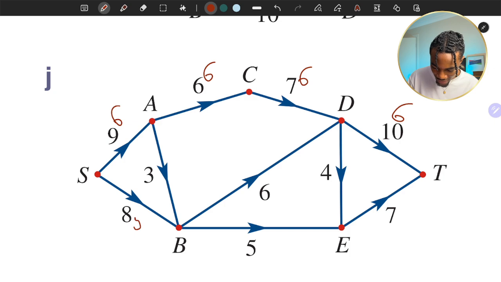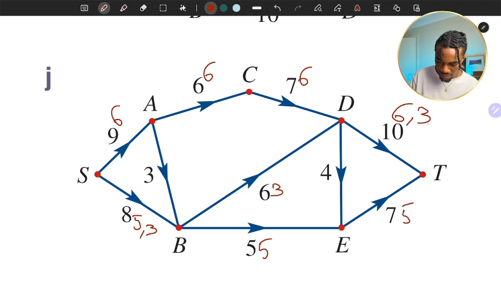I can fit 5 in here, 5 in here, and 5 in here. I'm just seeing what else I can fit. I can fit another 3 in here, another 3 here, another 3 here.